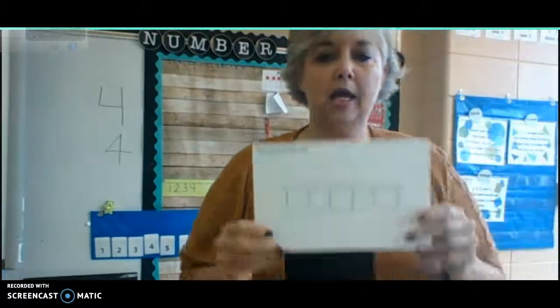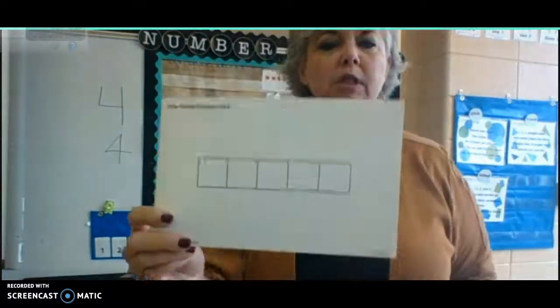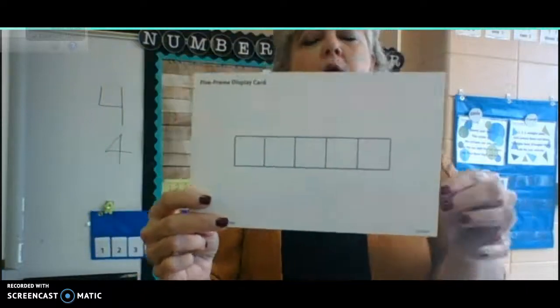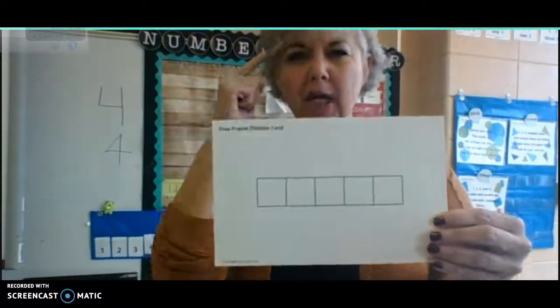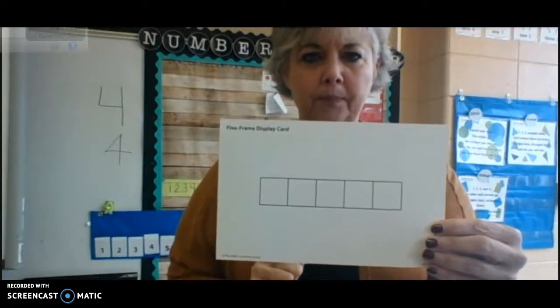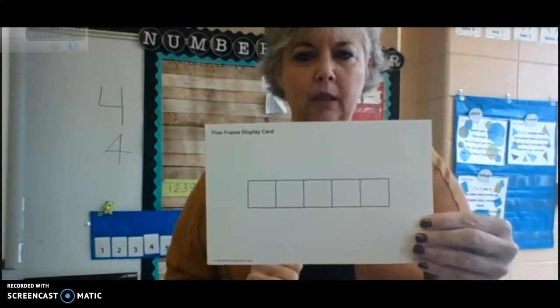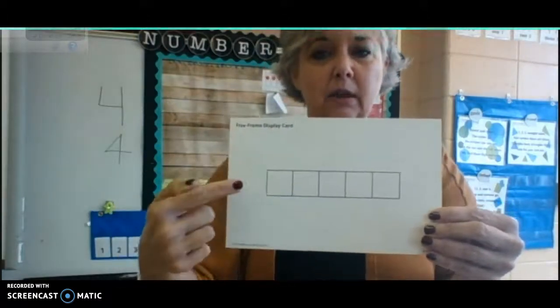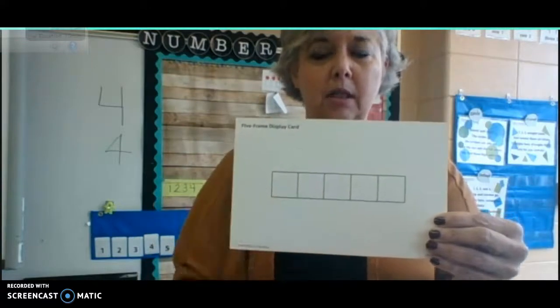Now, I want to introduce you to something new today. I'm going to show it to you, and I want you to just look at it for a minute and think about, what do you notice? What's your mind telling you about this card? Did your mind see lots of lines and boxes?